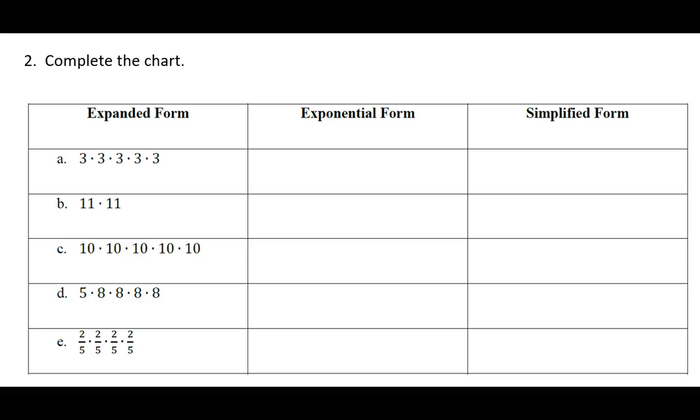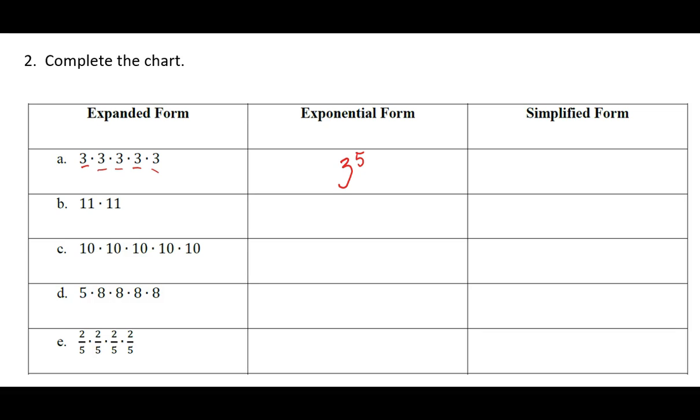Question A has 3 times 3 times 3 times 3 times 3. So if you remember when we did powers of 10, the 10 was the base, and in this case my 3 will be the base. The exponent tells me how many 3's I'm going to multiply. Since I have 5 3's in my expanded form, we'll say that that's the same as 3 to the fifth power.